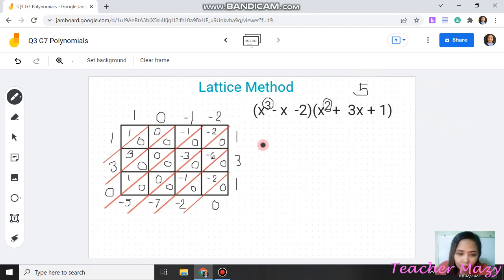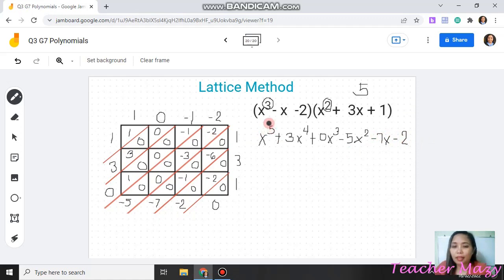So let's write it. That is 1x raised to 5. Next is plus 3, since that is positive, 3x raised to 4, plus 0x raised to 3, 5x raised to 2, and negative 7x, minus 2.